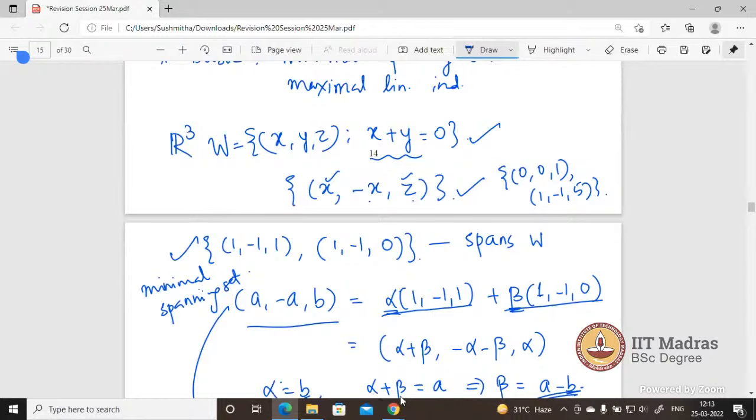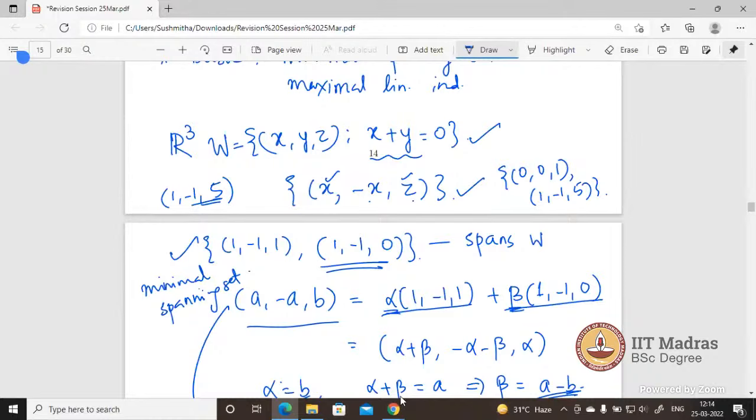Just one addition to this. Can't we remove the first part of it and then the second would be the minimal? You want to remove this? Yeah, 1, minus 1, 5. Can you span this element with this? No, the last element will always be 0.